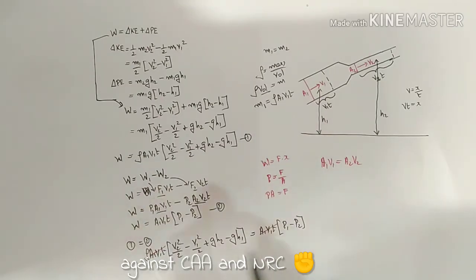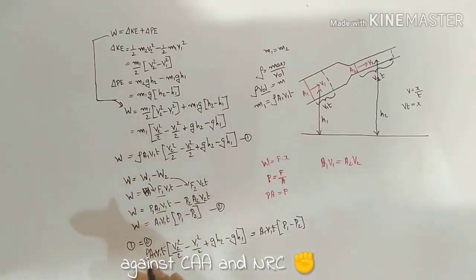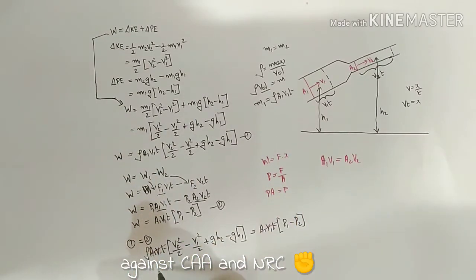if we are expanding this, while expanding this I am taking the terms which have 1 to this side and the terms which have 2 to this side. That is rho V2 square by 2, I am retaining it on this side itself, and rho V1 square by 2, I am taking to the other side.